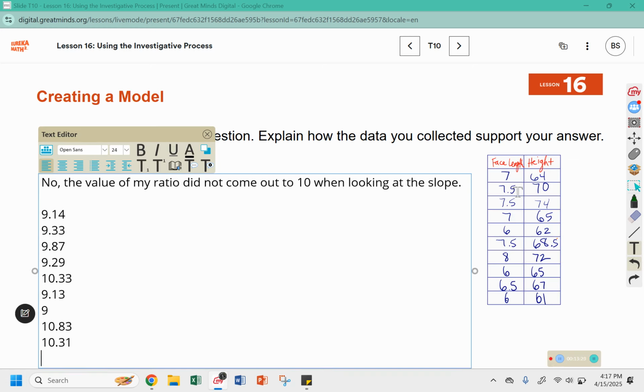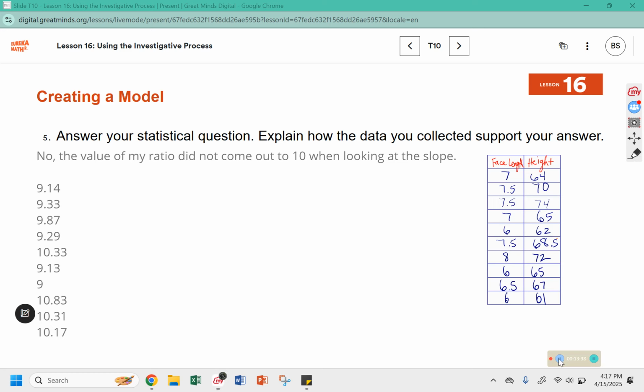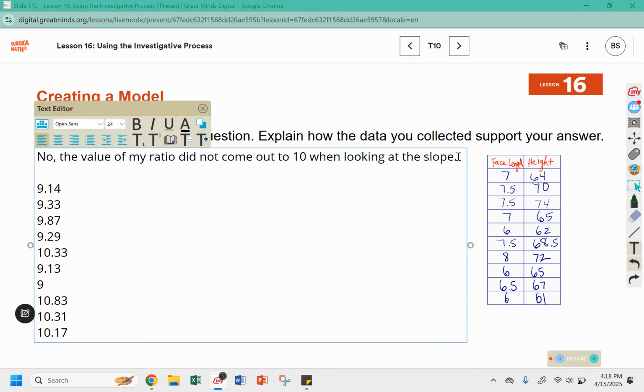And 61 divided by 6 is 10.17 rounded. So perhaps looking at the slope doesn't give me an accurate picture of that ratio for this specific scenario. So it may have something to do with the outliers.